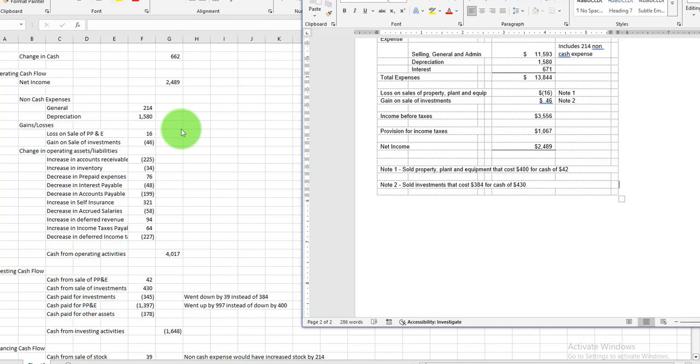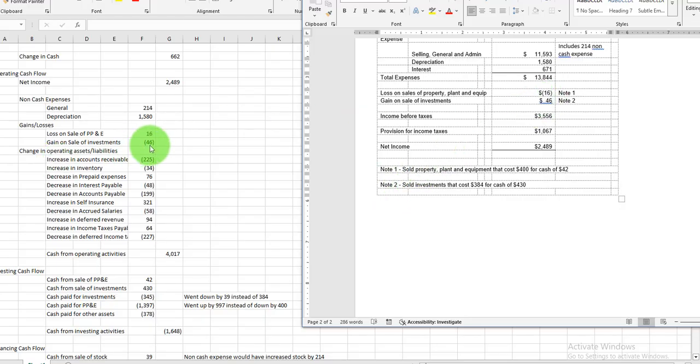Gains and losses. We had a loss on the sale of property, plant, and equipment. So we just take the loss amount and add it back. And then we had a gain on the sale of investments. Some more information is in the notes down at the bottom here that we would need to know to fully take care of this. Gain on sale of investments, 46.